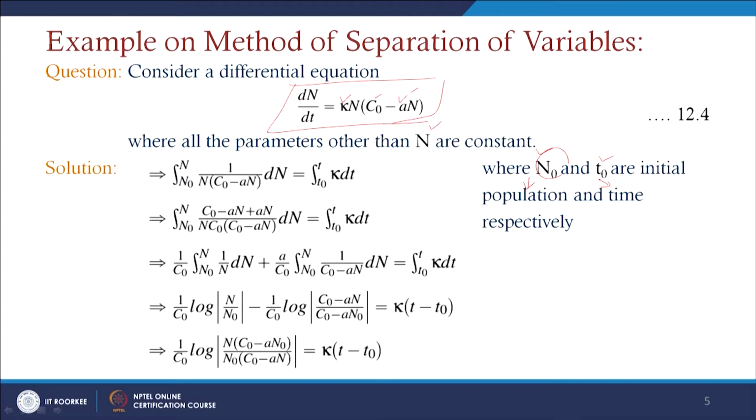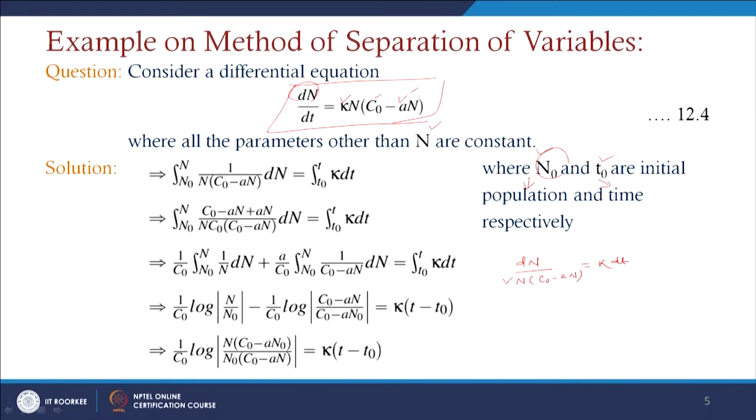Whenever we go for the solution of this differential equation, as we have discussed, first we separate the N variable terms to the left hand side and the t variable terms to the right hand side. So we have represented this equation in the form dN/(N(C0 - aN)), since all the terms on the left involve the N variable, and on the right hand side we can keep k dt.